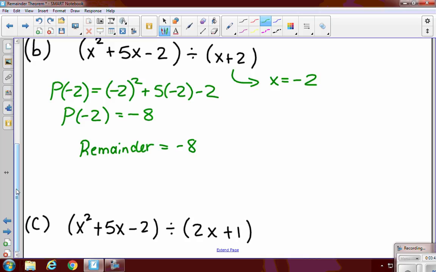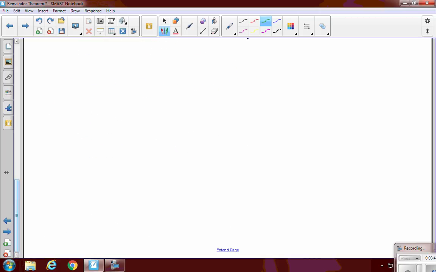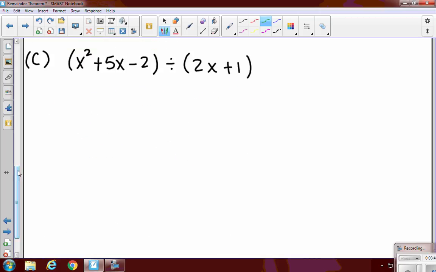The last one here probably takes it a little bit of a challenge for us, where it's saying x squared plus 5x minus 2, that's my polynomial, and I want to divide it by 2x plus 1. Now, this is a little bit different in the sense that here's my divisor. I'm dividing this out, so I want to set this equal to 0 and solve for x.